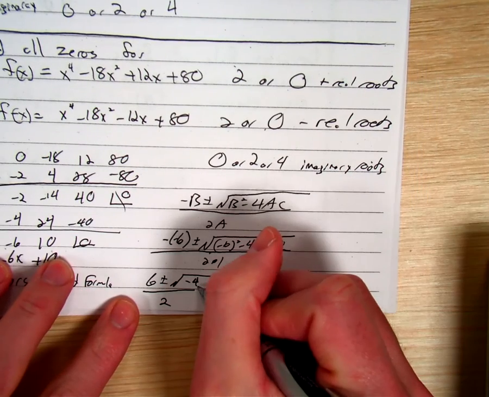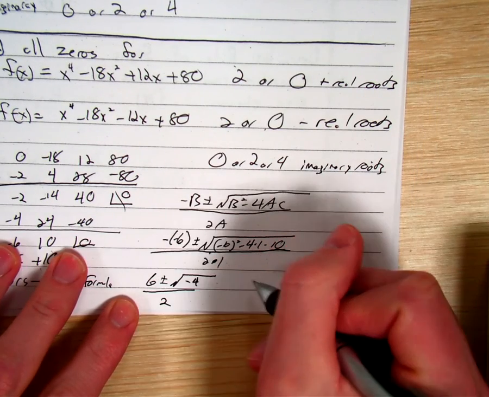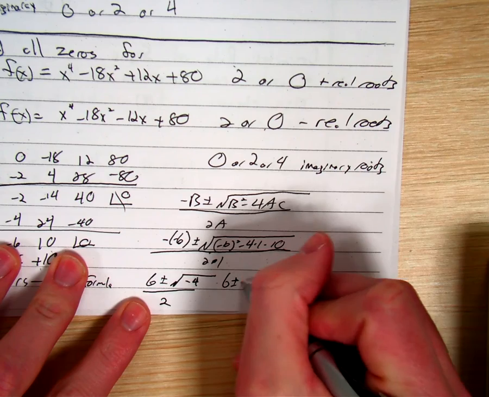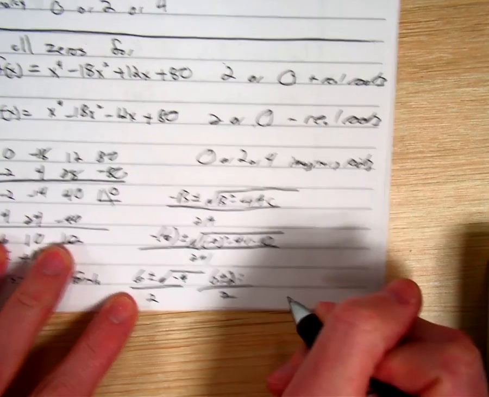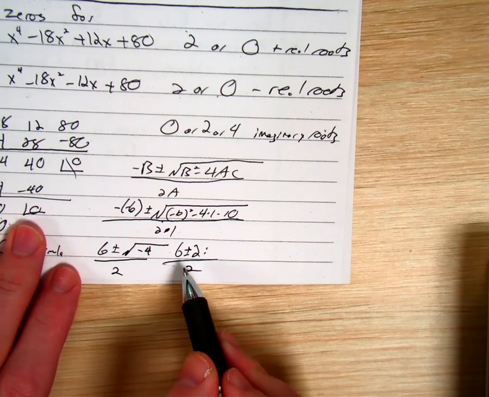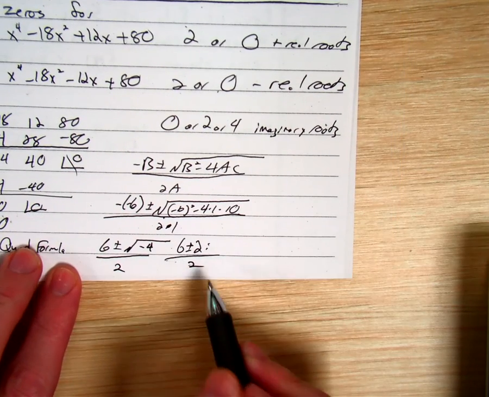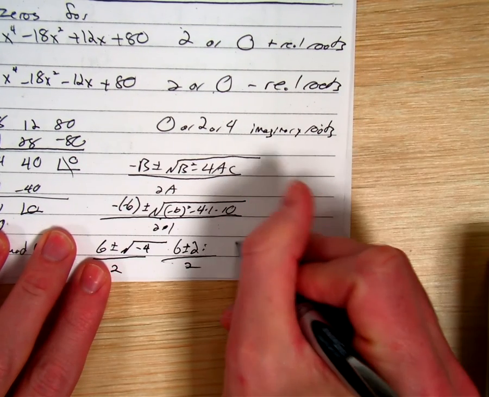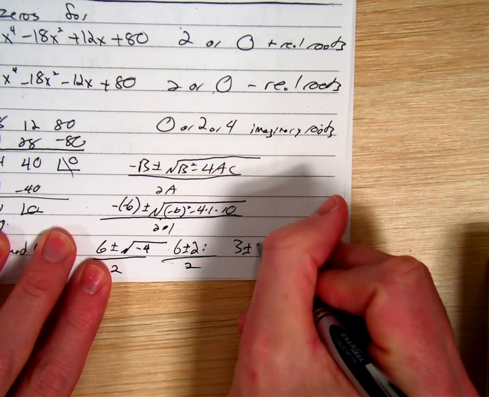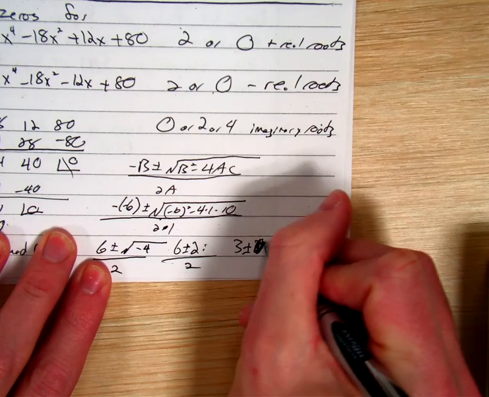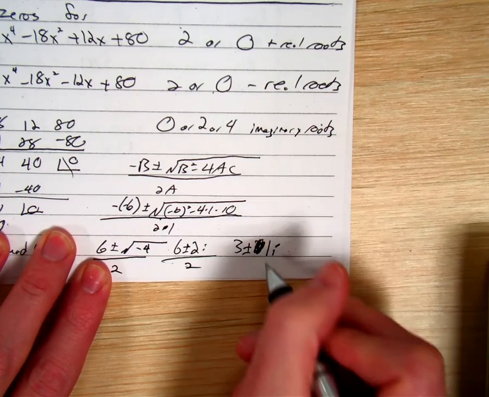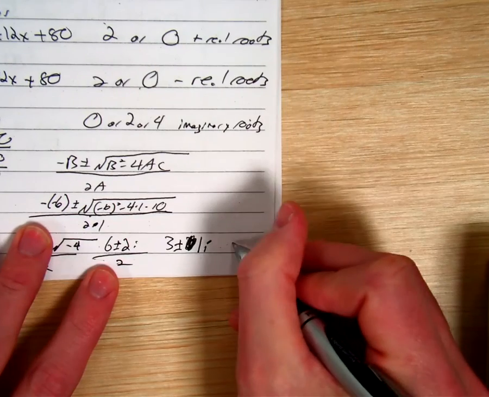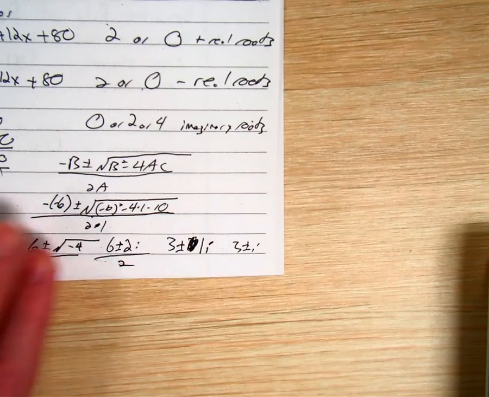Negative 4, that's going to be 2i. What do you notice about these? 6, 2, 2. They're all even. So this is going to reduce by a factor of 2. 3 plus or minus, not 2, 1i. And you don't need the 1. You could write it as 3 plus or minus i.